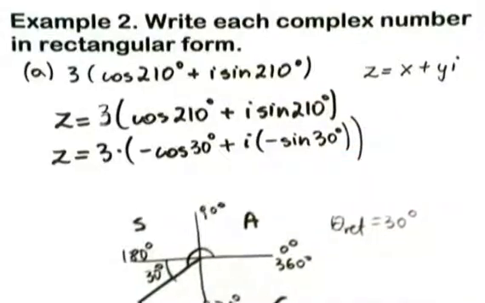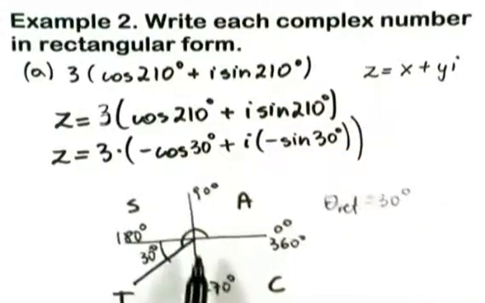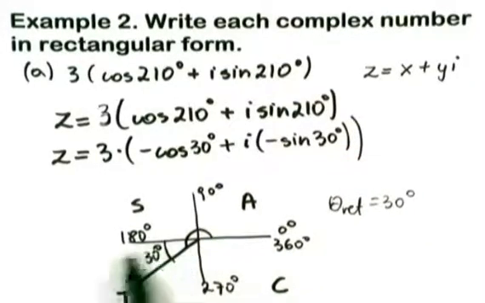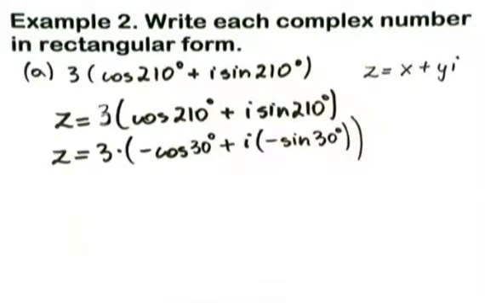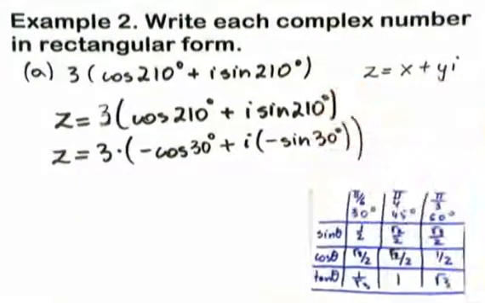That minus comes from the quadrant. In the third quadrant, sine and cosine are both negative. Reference angle is 30 degrees, and this sign is from the quadrant. Only tangent is positive. Now we need to use the chart to find the exact values.